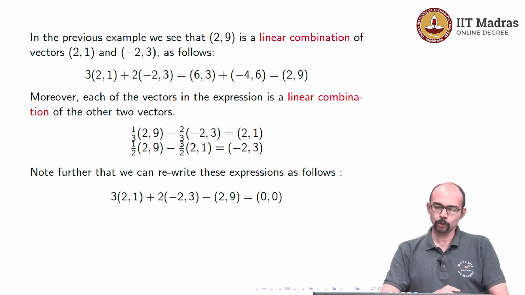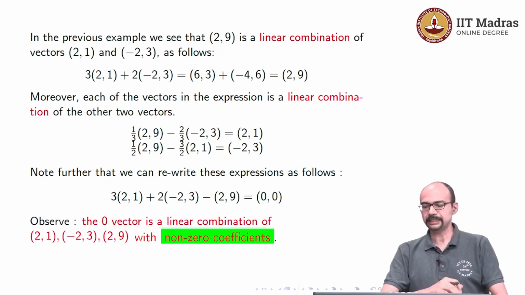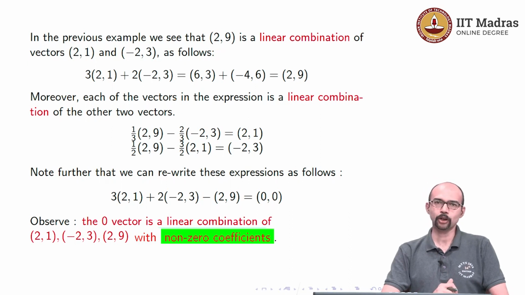So that's 3 times (2, 1) plus 2 times (-2, 3) minus (2, 9) is (0, 0). So again, what do we observe? The 0 vector is a linear combination of (2, 1), (-2, 3) and (2, 9) with non-zero coefficients. So this is the important part. What are the coefficients here? The coefficients are 3, 2 and minus 1.